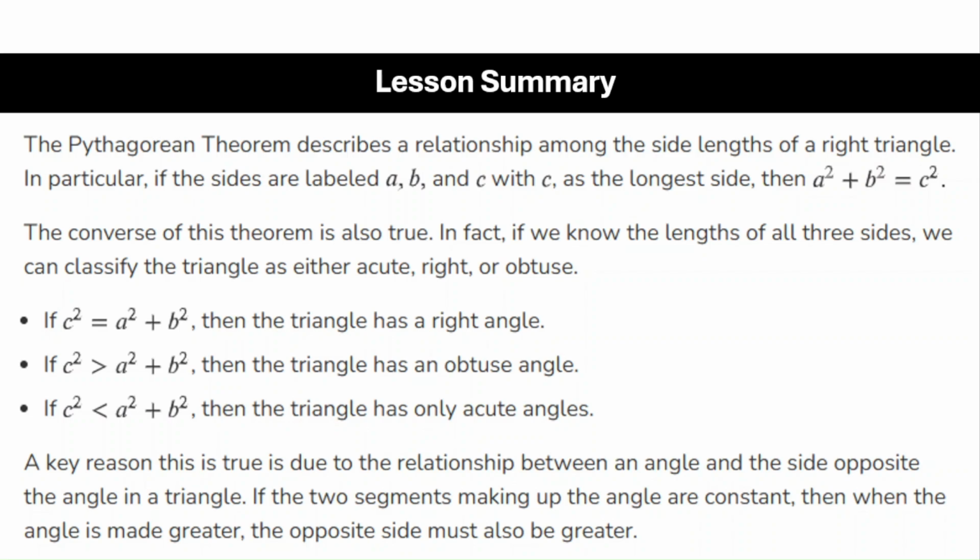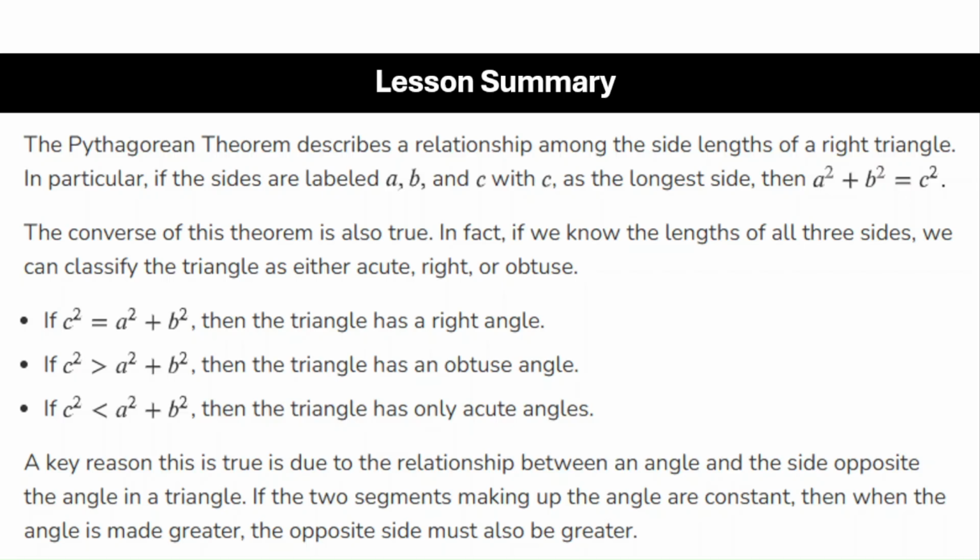If we put the numbers into the Pythagorean theorem and C squared equals A squared plus B squared, then the triangle has a right angle, and it is a right triangle. If, however, C squared ends up being greater than A squared plus B squared, then the triangle has an obtuse angle, meaning one of the angles is bigger than 90 degrees.